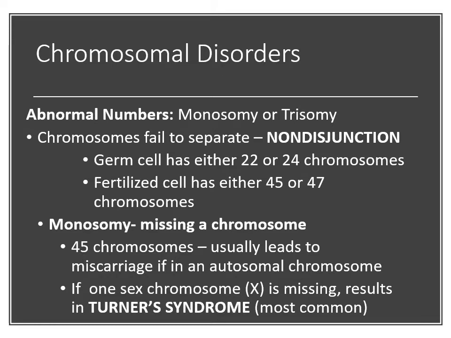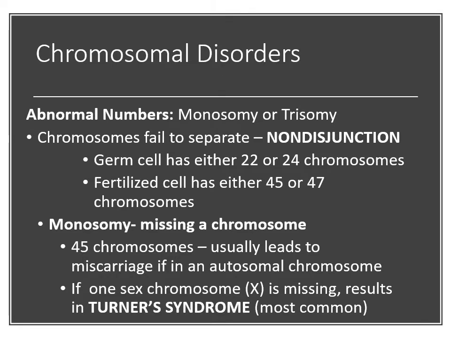Okay? So the germ cell is left with either 22 chromosomes that's going to pair with another germ cell, or it has 24 chromosomes, one extra. So now the fertilized cell has either 45 chromosomes because it didn't get one, or it has 47 chromosomes because it has an extra one.